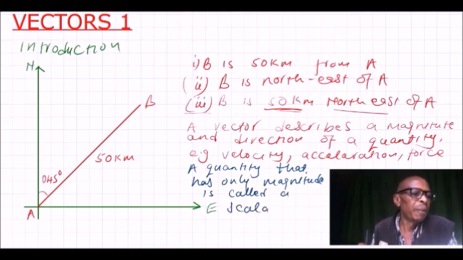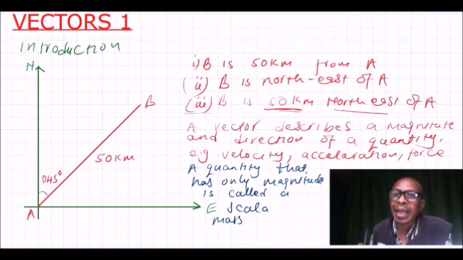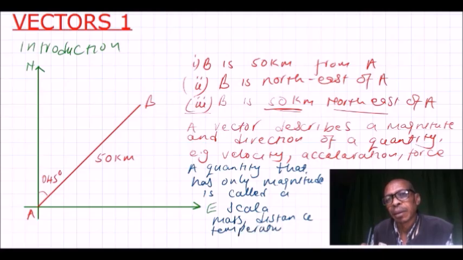Examples of scalar are mass. Weight is a vector. Then we have distance, temperature, and time.